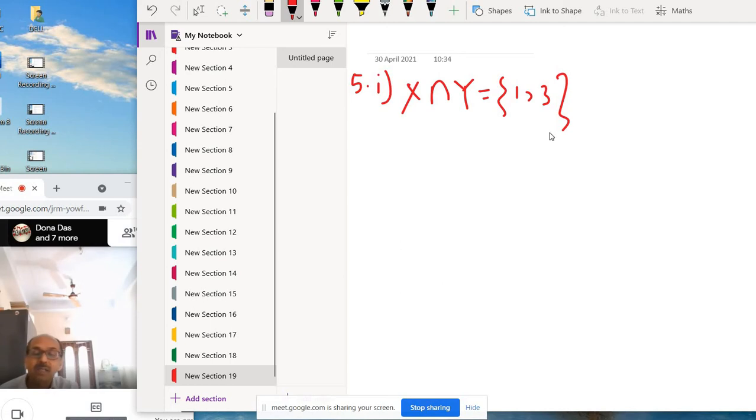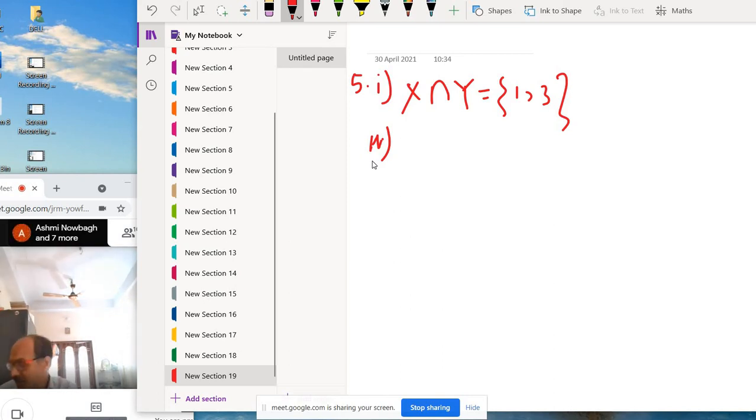All of you understand intersection? Yes, sir. Next, see question number 2. A is A, E, I, O, U, all 5 vowels, and B equal to A, B, C. So what is common?